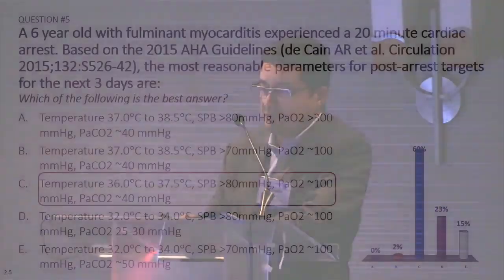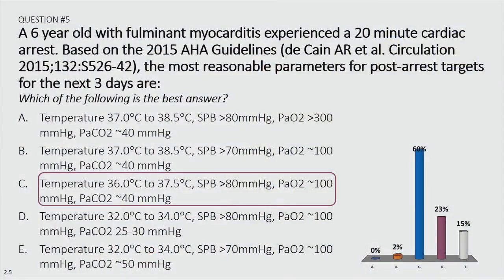From all the choices from A to E, this is the best choice. A few of you answered D, and although that is cooling, it also aims for a PCO2 that is lower than normal. And E is also cooling, with CO2s that are higher than normal, so that one will also be incorrect.